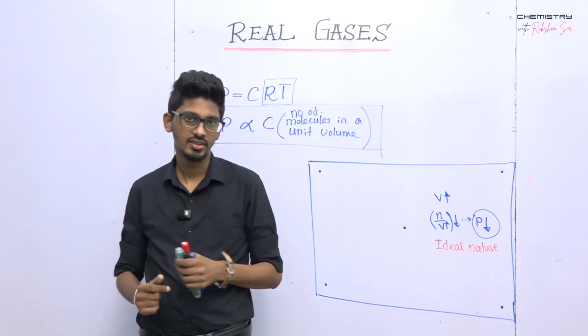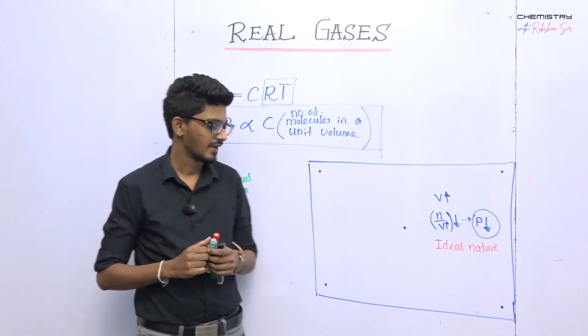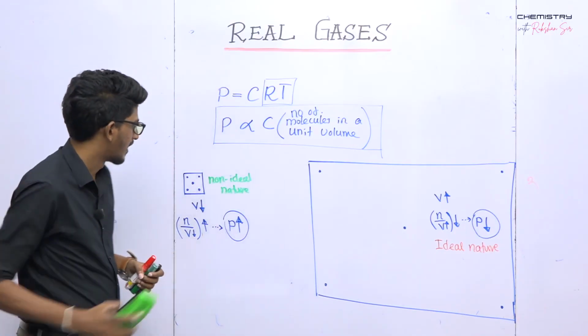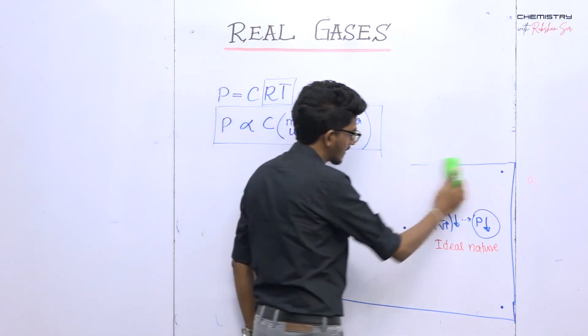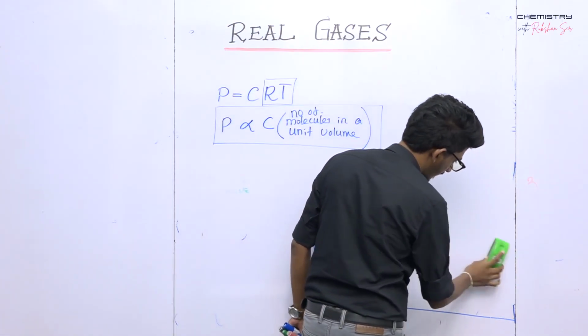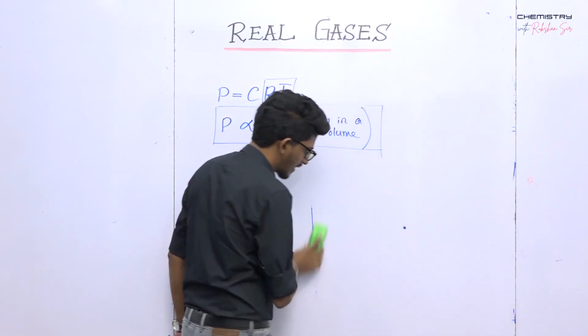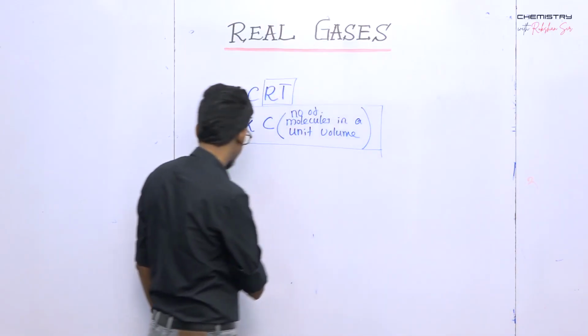Then let's discuss such a system. When the particles move very fast, what will happen? Let's consider two systems, one where particle movements are very slow and one where they are very high.